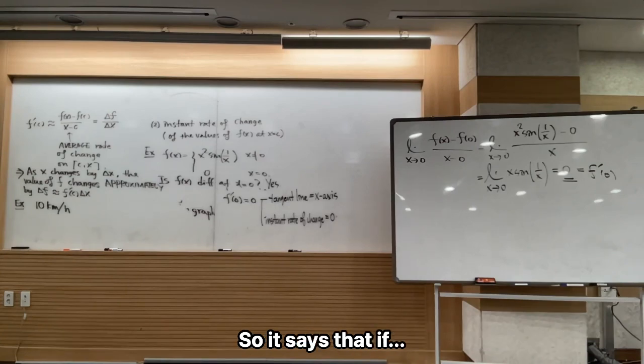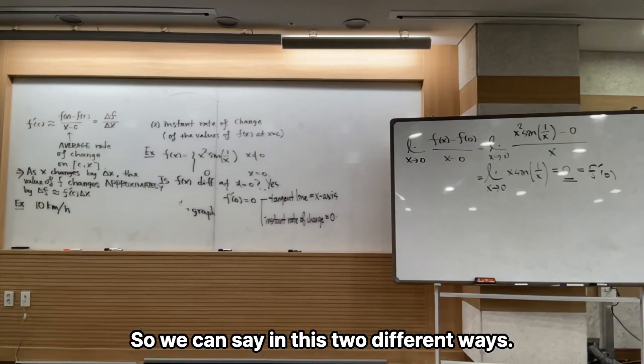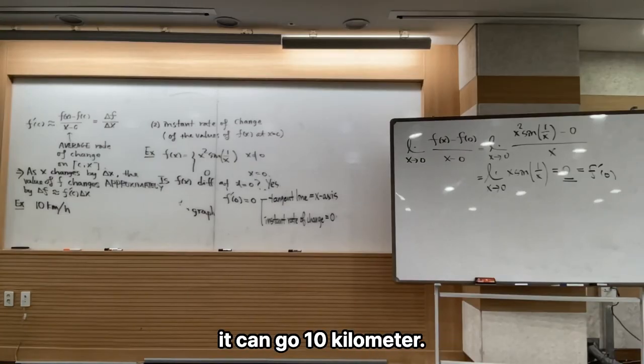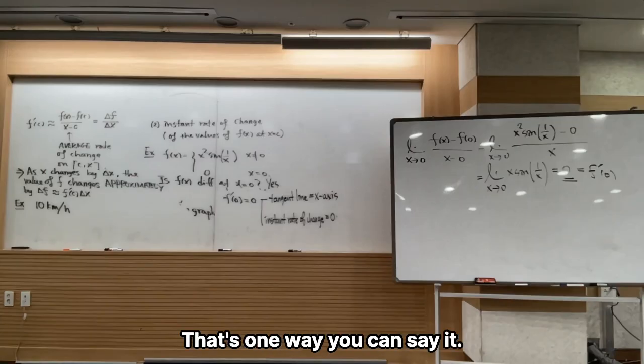So we can say it in two different ways. If the car maintains the same speed, then after 1 hour, it can go 10 kilometers. That's one way you can say it.